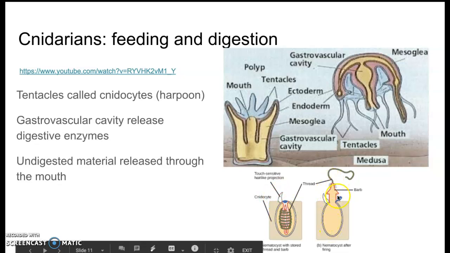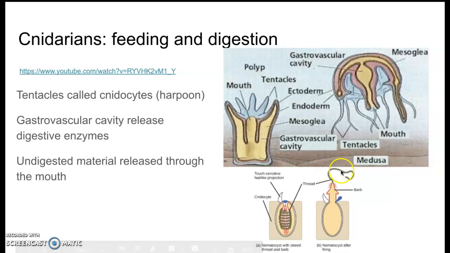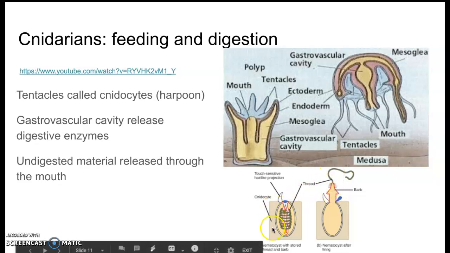They come out like a harpoon and sting or pierce through their enemy. So these capsules are called nematocysts, and they hold the poison, and they hold the harpoon that is contained in these organisms.